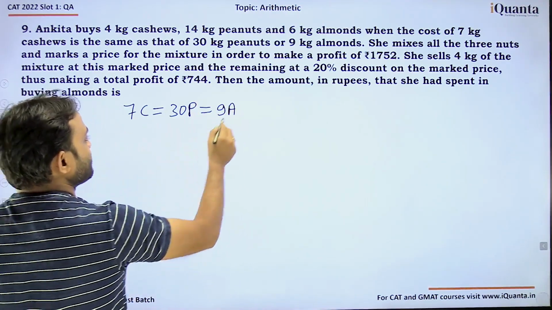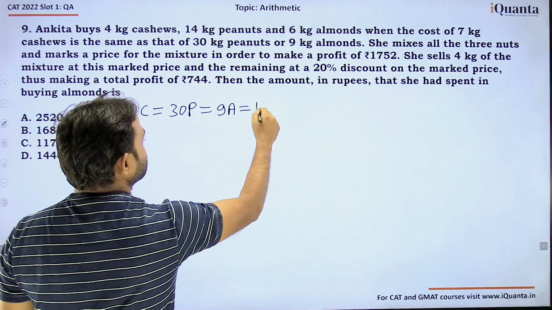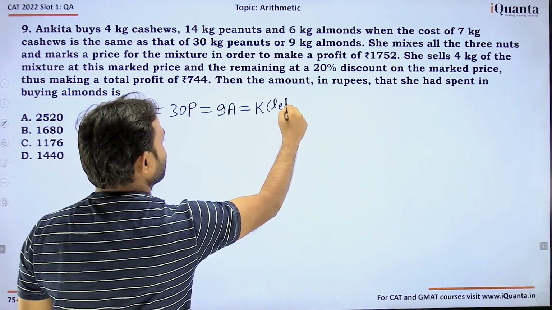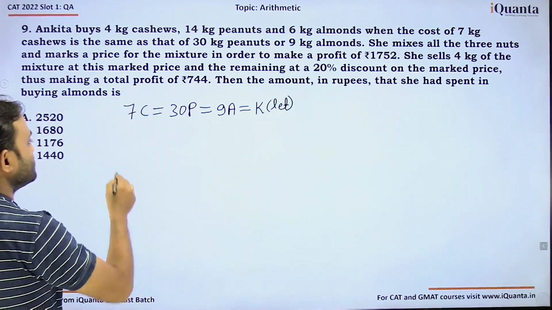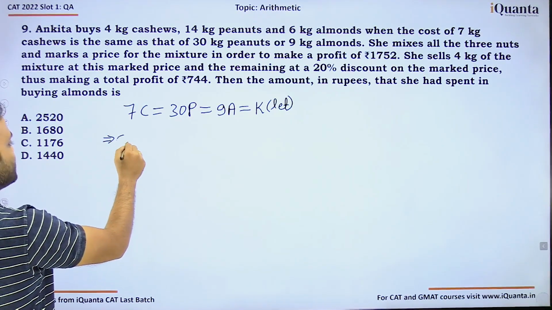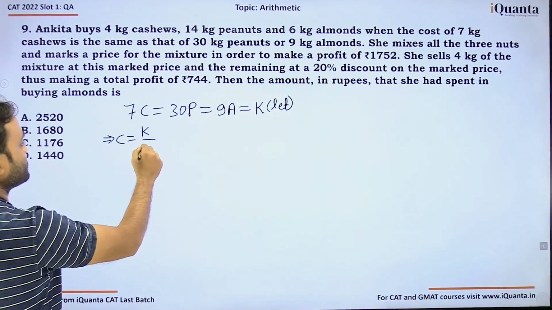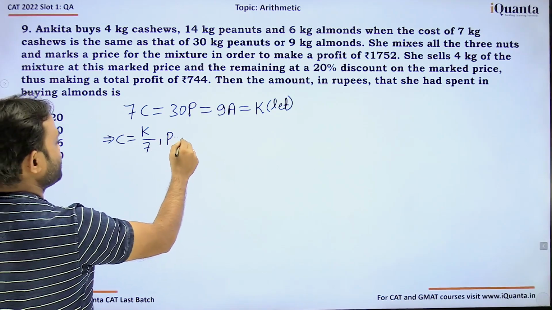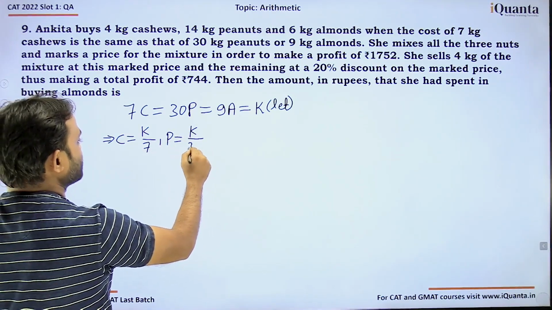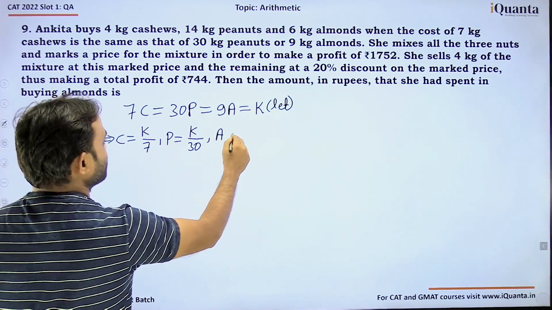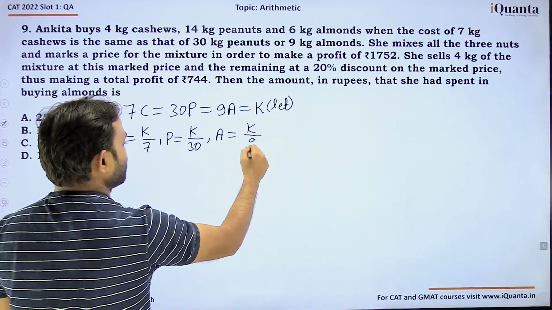Now let this value be equal to k. So we can say here that C will be equal to k upon 7, P will be equal to k upon 30, and A will be equal to k upon 9.